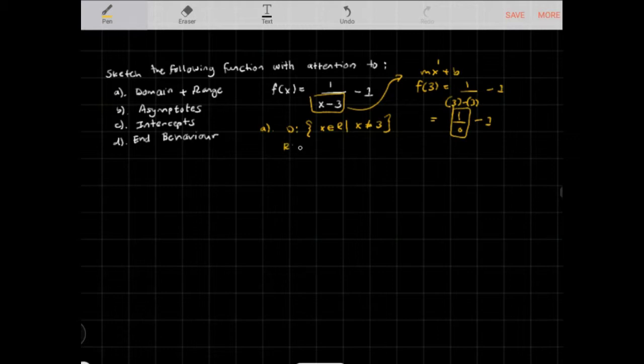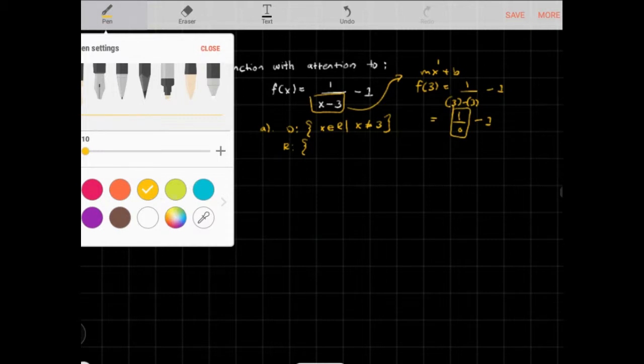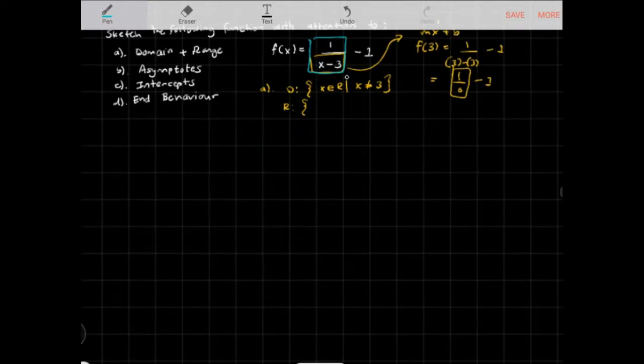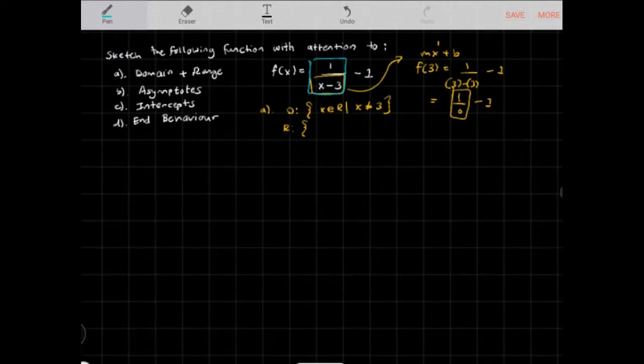If we're looking at the range here, this portion of the function, the 1 over x minus 3, is a fraction, and we know that fractions can only equal 0 when the numerator is equal to 0. However, in this case, for the reciprocal function, the numerator will never become 0 because it's a constant 1.